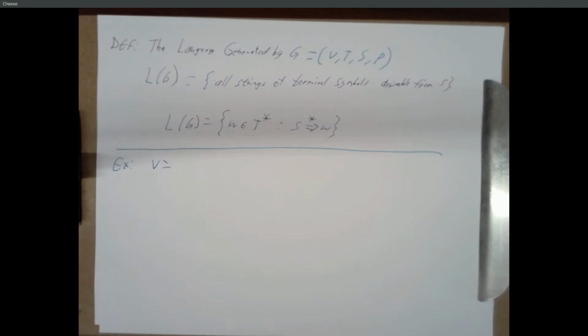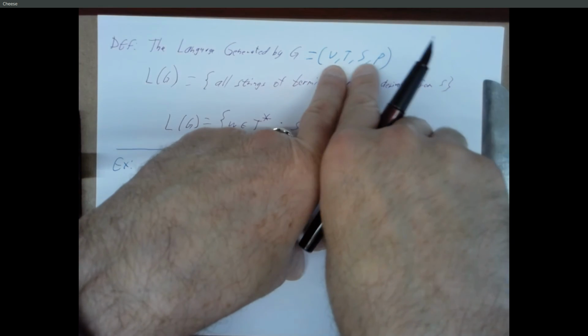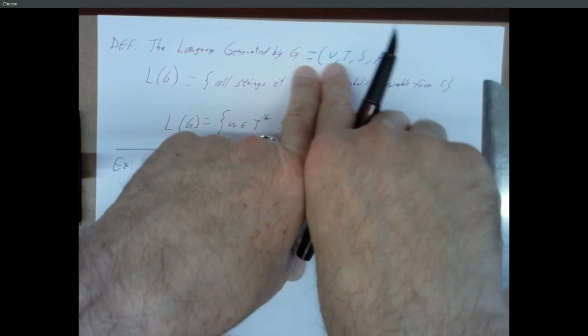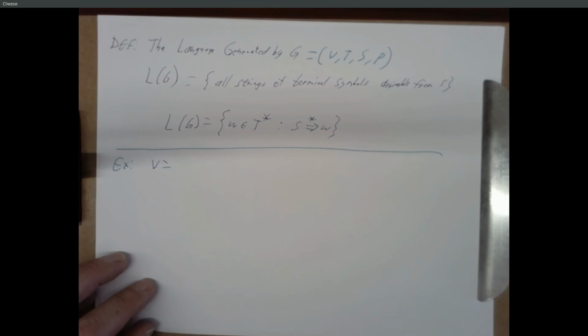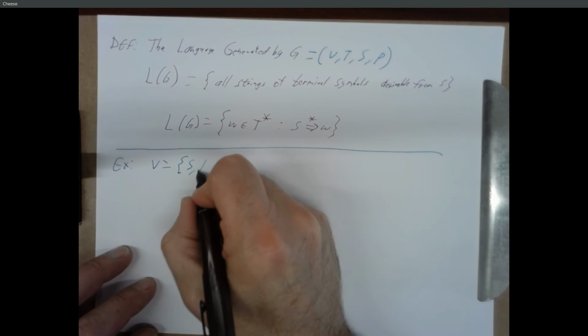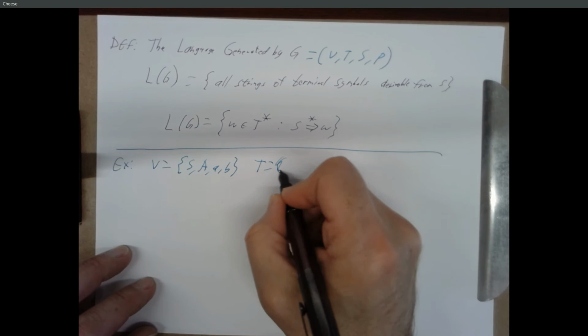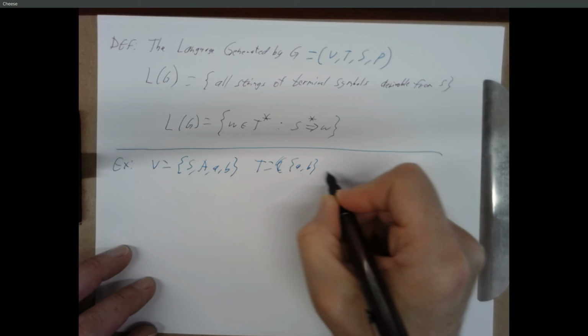So I'm always going to be talking about a grammar G, which is a four-tuple of V, T, S, and P. So I'm just going to write down V, T, S, and P here. Okay, but it's the four elements of this formal grammar. So suppose V equals S, big A, little b. Terminal symbols are little a and little b.